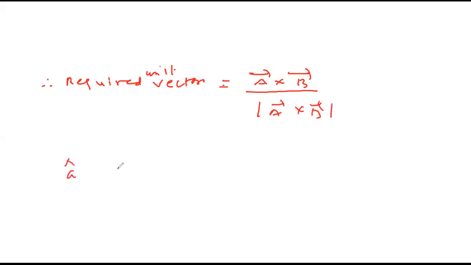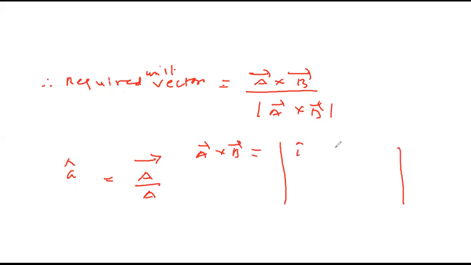If a cap is the unit vector along a bar, then it is given by a bar upon a. Same way, if our required unit vector is along a bar cross b bar, then cross product upon its magnitude is the required answer. So a bar cross b bar I am finding by determinant method.